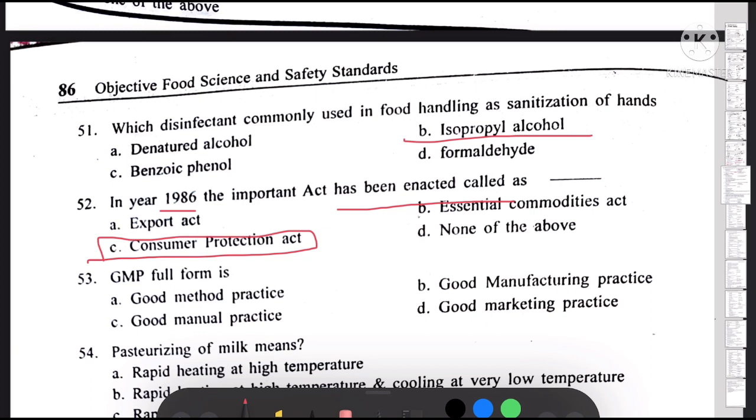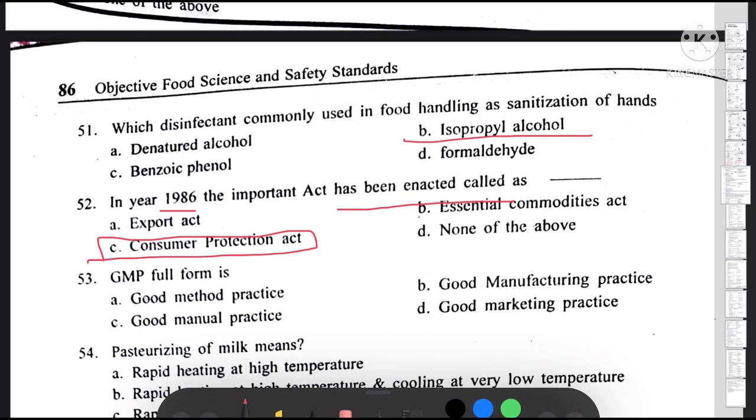What is the Consumer Protection Act? The Consumer Protection Bill in 1986 seeks to provide for better protection of the interest of consumers, and to make provisions for the establishment of consumer councils and other authorities for the settlement of consumer disputes and for matters connected therewith. So it is the right to consumer education.